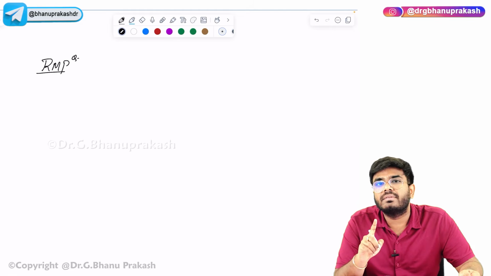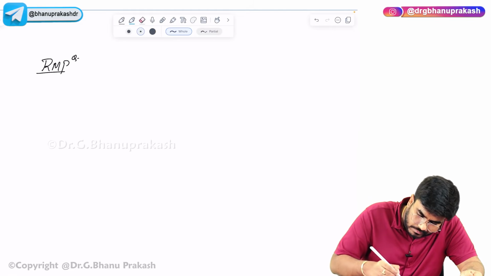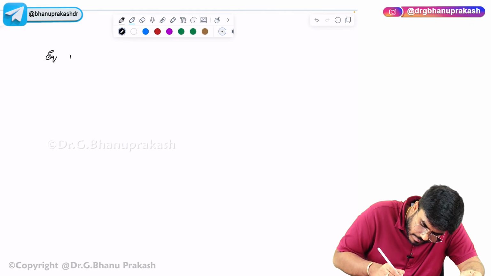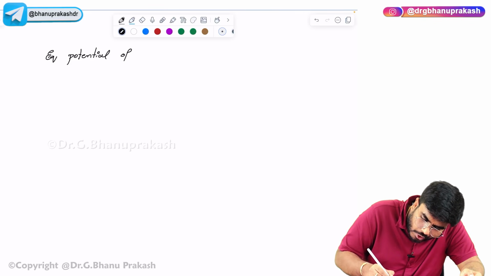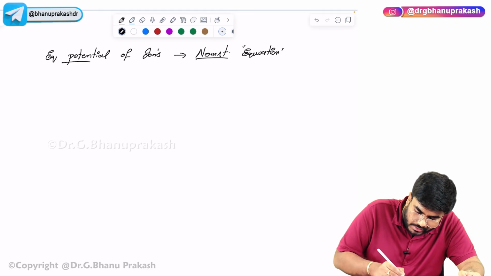That's calculated with the help of the Nernst equation. The Nernst equation is used to calculate the equilibrium potential of ions.